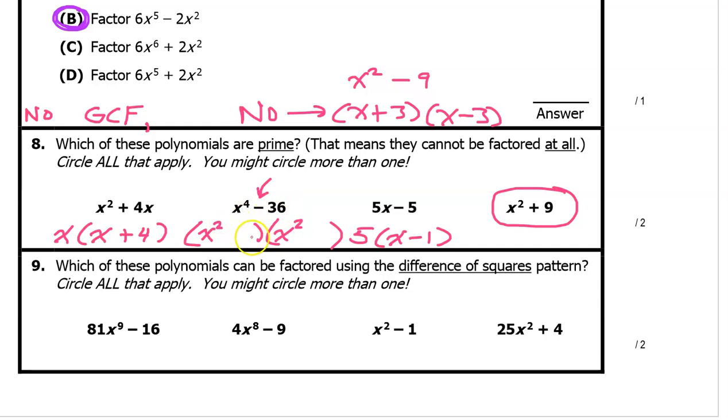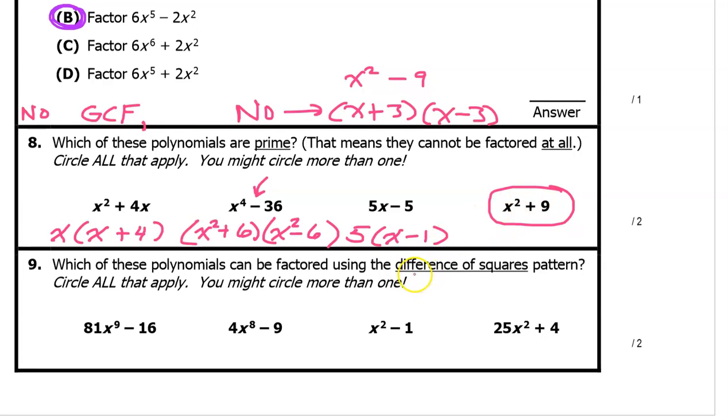And then 36 is 6 times 6. This will work if we do plus 6 and minus 6. So all three of these are factorable except for the x squared plus 9. So that's the only one that should be circled.